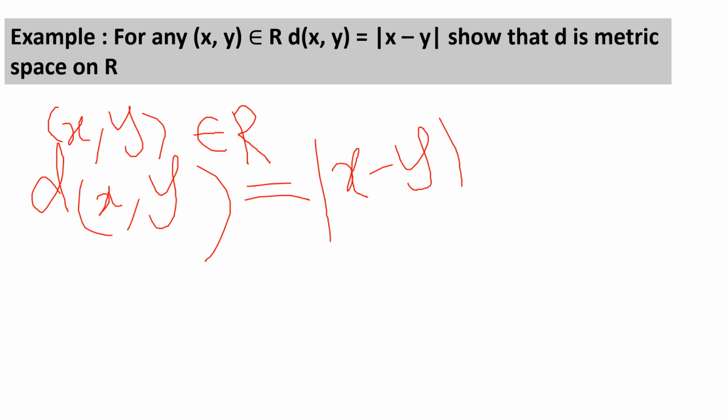So now we need to prove d is a metric space on R.